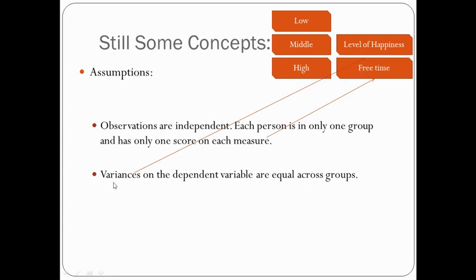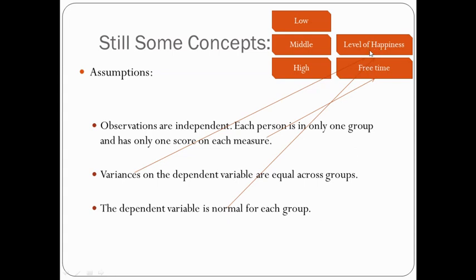And the second assumption is this: the variances have to be equal. It simply means this variance and this variance for these groups have to be equal. And the last assumption, ladies and gentlemen, is that the dependent variable is normal for each group.